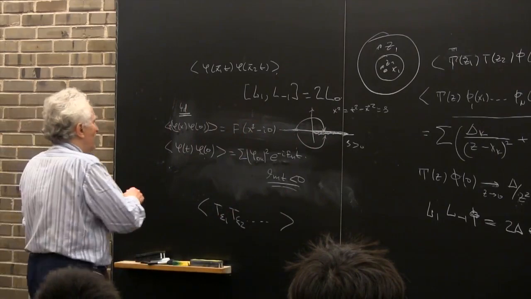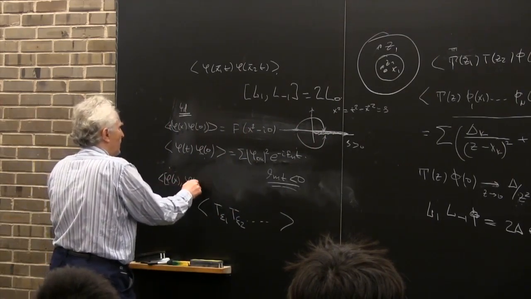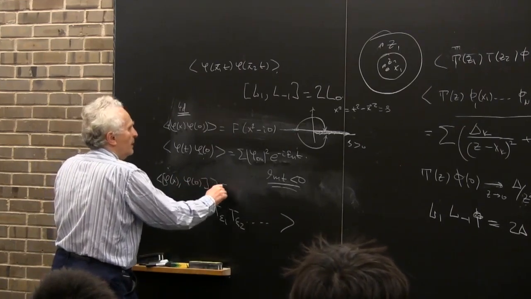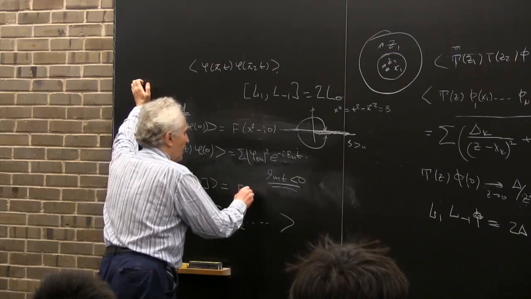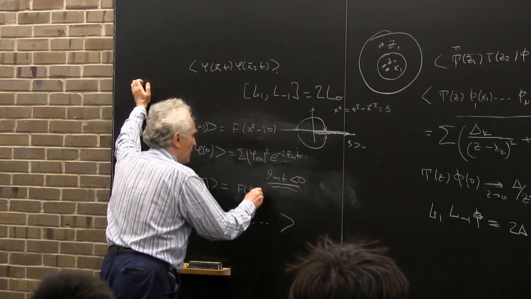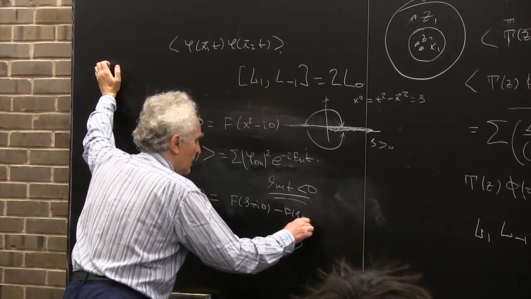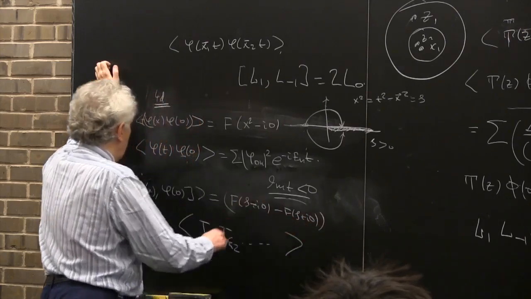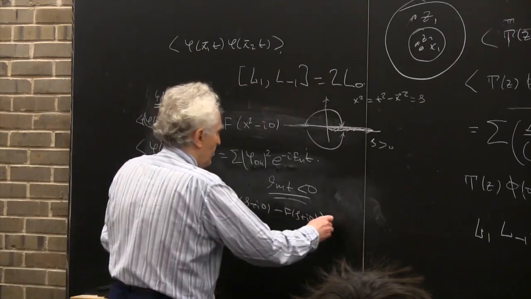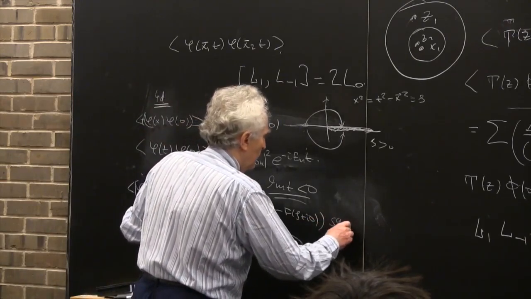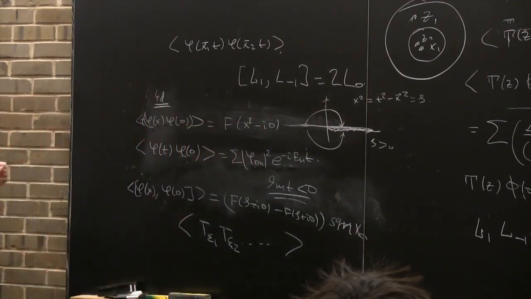So the commutator of two things in field theory is f of s plus I0 minus f of s minus I0. And since the commutator must be odd with respect to time, it also contains sine of x0.